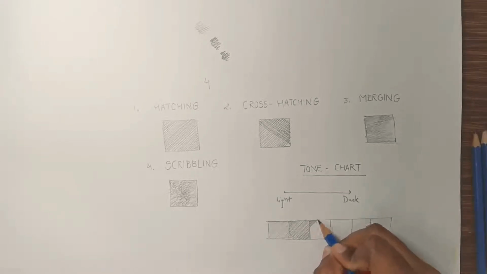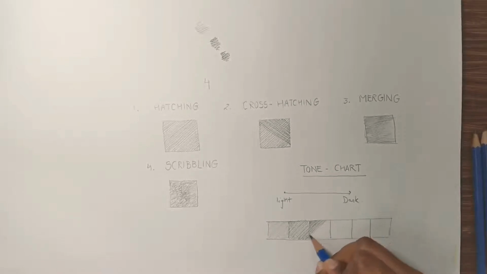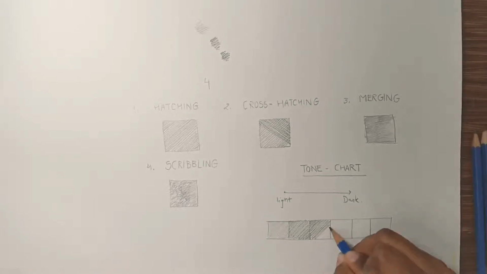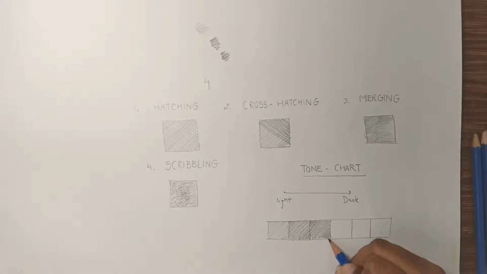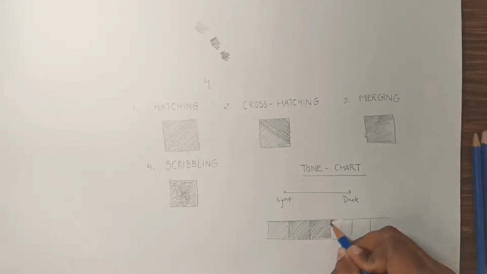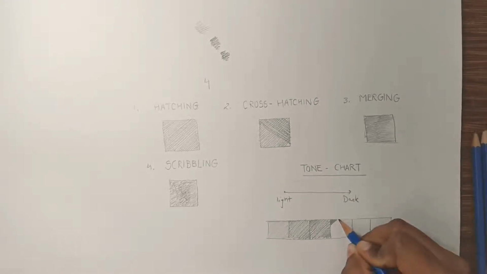Applying a little more pressure than the second one, creating individual lines very close to each other. Here's our third box, slightly darker. A bit more darker.